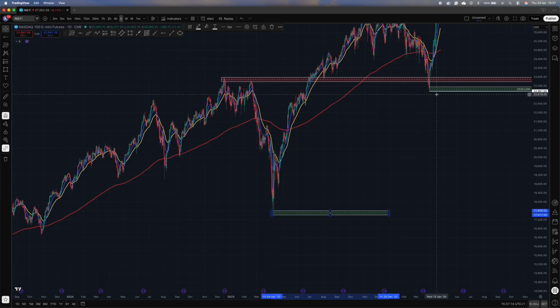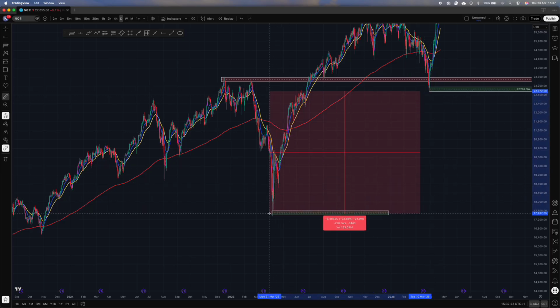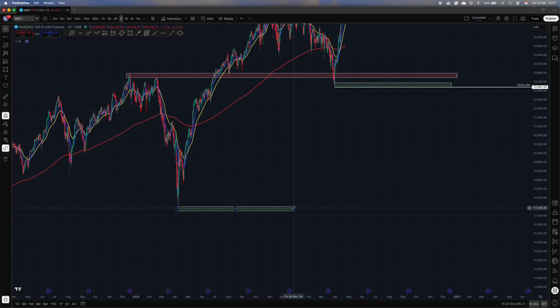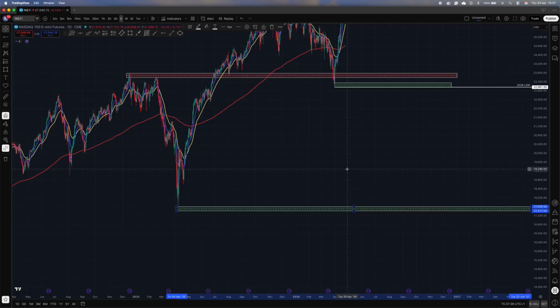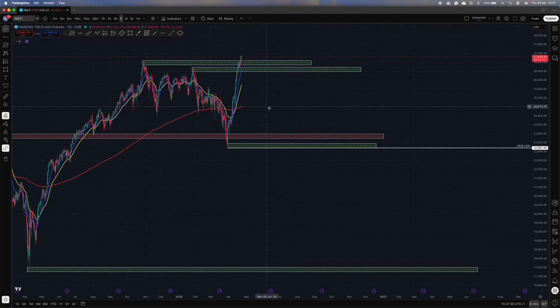From the low of April 2025, a year before, we have moved up over 5,000 points. So although you could say this is a key level, I don't actually expect price to come back down to this level.